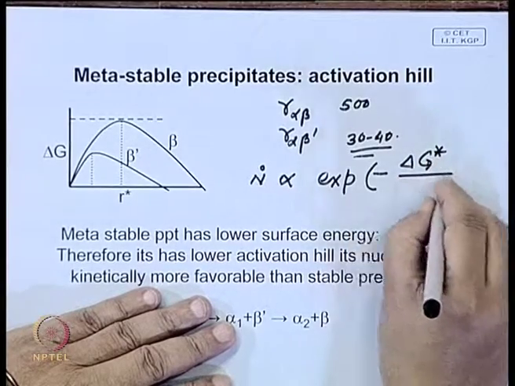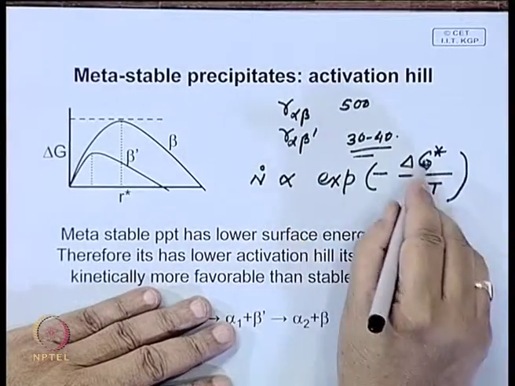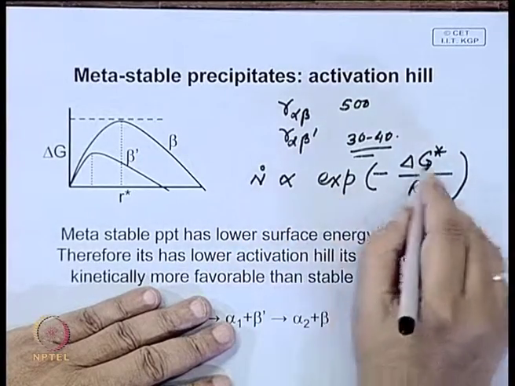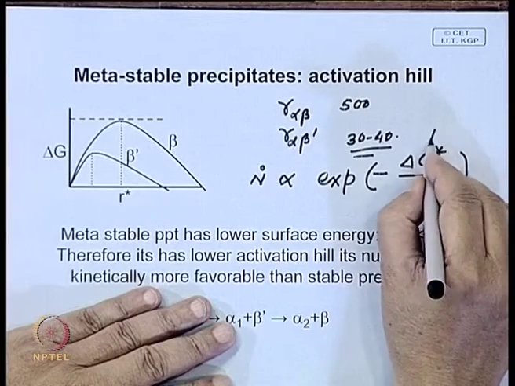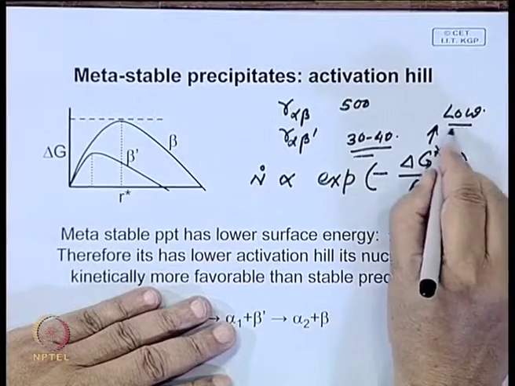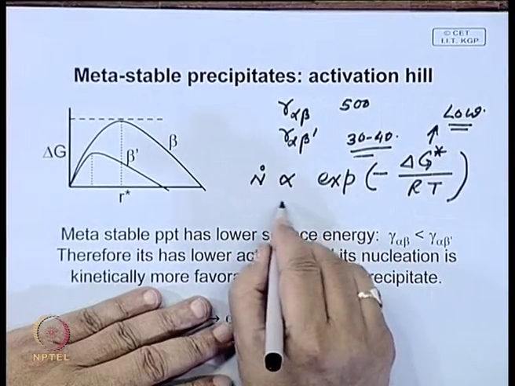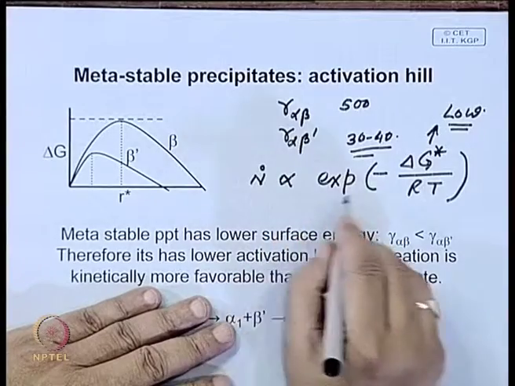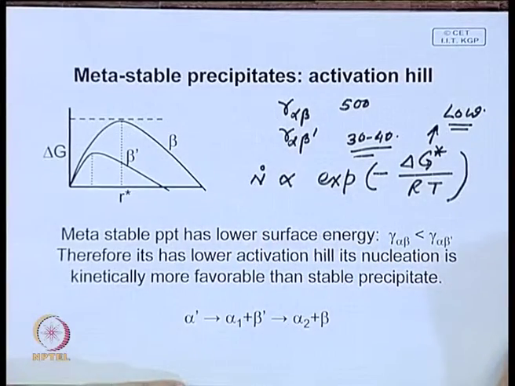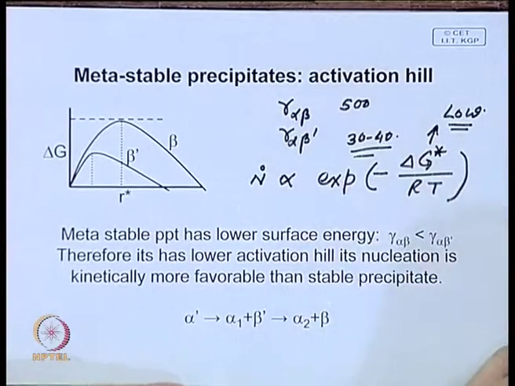minus delta G star over RT. So, the number of nuclei that form, if delta G star is low, you can easily see you will have more nuclei, or the rate of nucleation will be high.